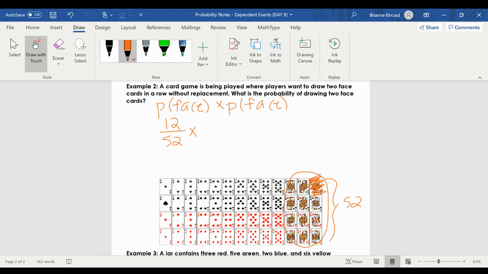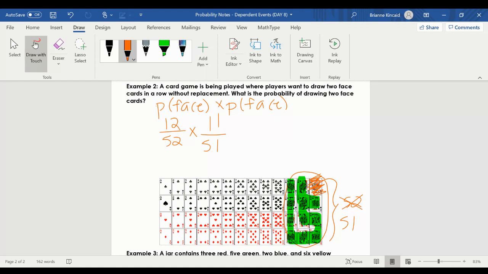That means when I reach in again, I no longer have 52 cards, but now I have 51 cards. And of these 51 cards, remember, the King of Clubs has been eliminated. I've taken it out of the pile. That means that I no longer have 12 face cards. I now have 11 face cards.